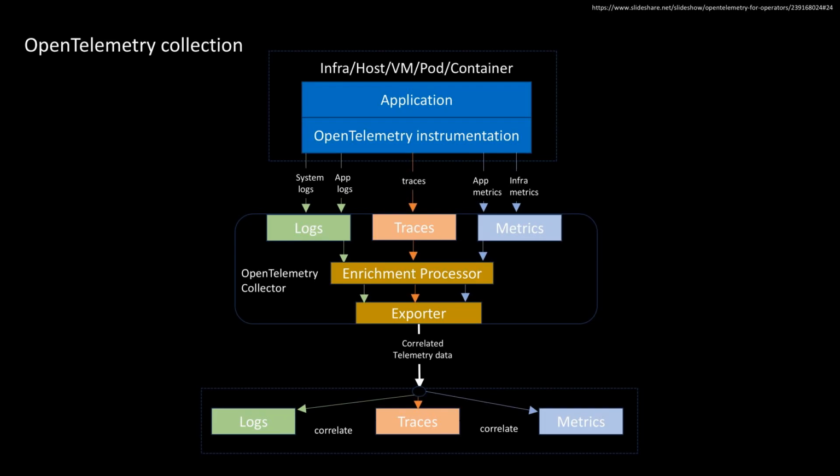Within the collector, an enrichment processor enhances the data, adding context and additional insights, which is then prepared for export by the exporter. This stage is essential for correlating the different types of telemetry data. The processed data is output as correlated telemetry. Here, logs, traces, and metrics are interconnected, providing a multidimensional view of application behavior.